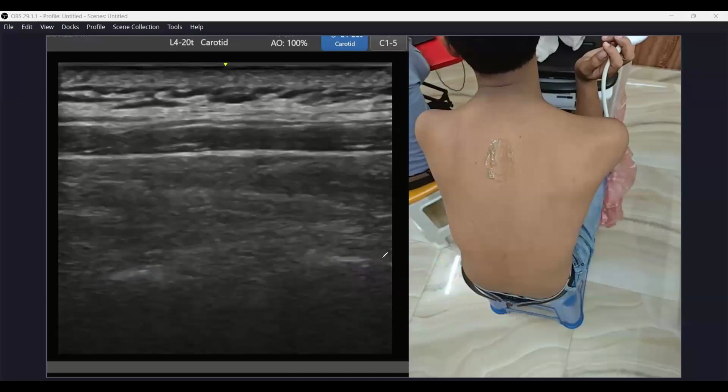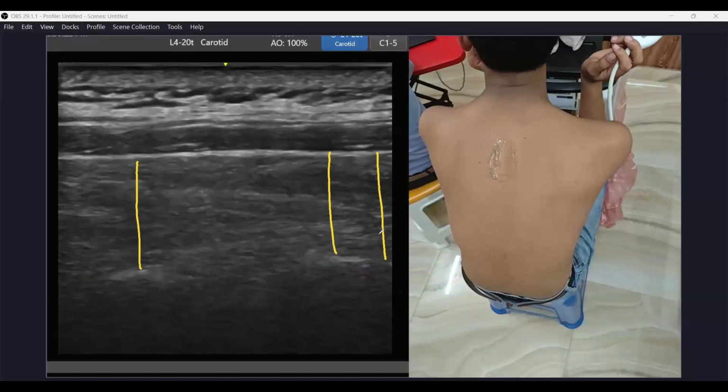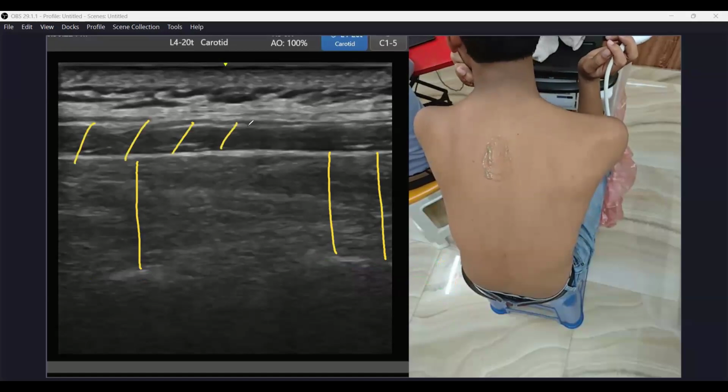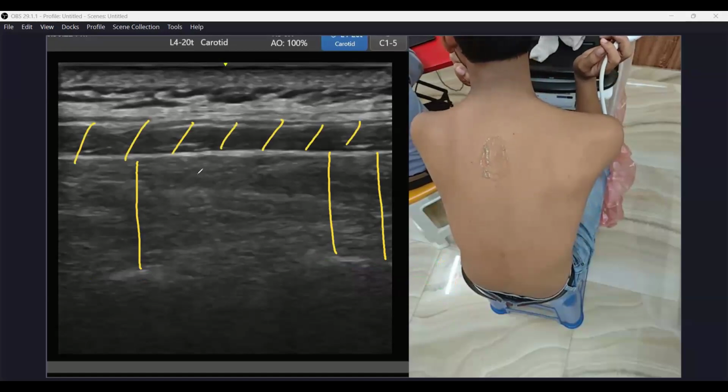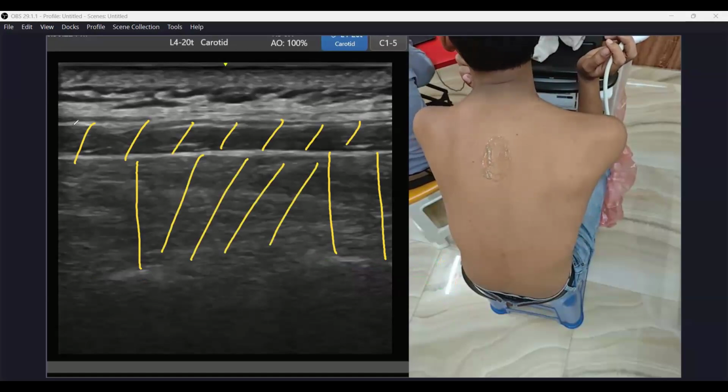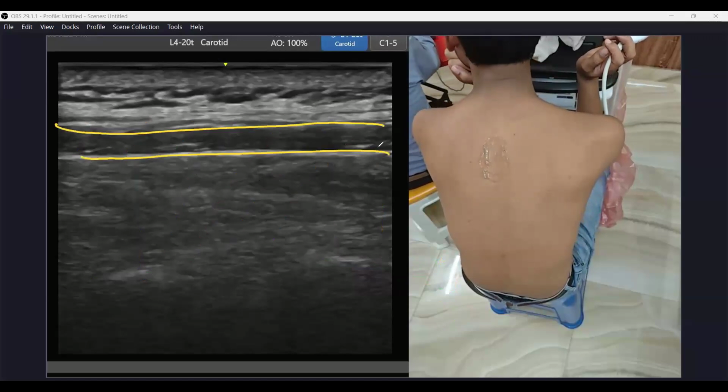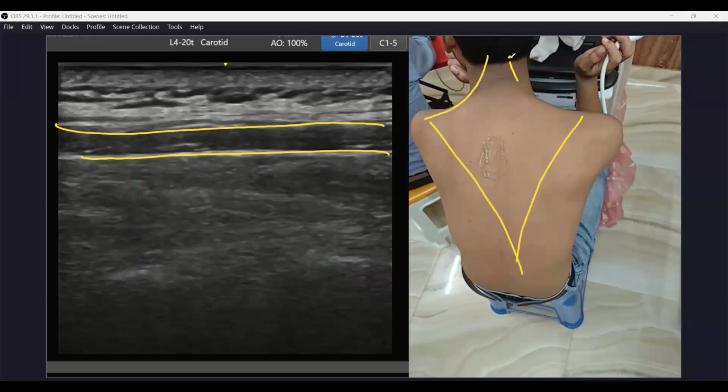So here these are muscular planes. Question comes, this is one muscle, this is one muscle, and these are other muscles. What are these muscles? Upper one, what is this muscle? At this area, one muscle is there. Can you say what muscle? Trapezius.